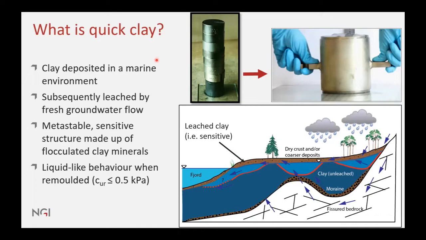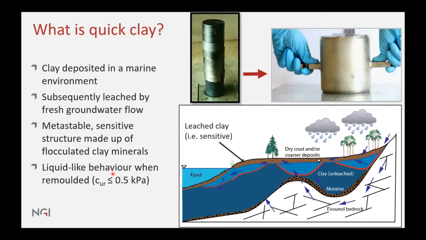So these clays that were deposited in the marine environment today lie above the sea level, and they are affected, if you want, by fresh groundwater flow. And this flow of water is leaching the salts that were initially between the clay particles. This affects the electrochemical bonds between these particles and renders the structure metastable.